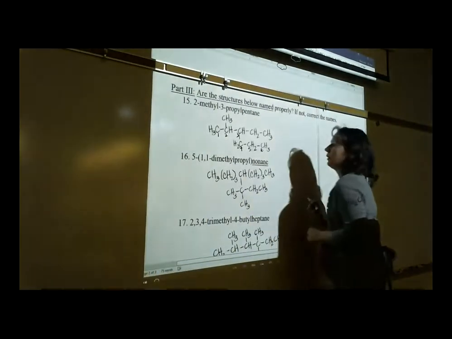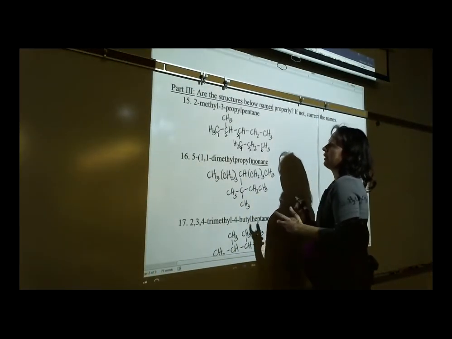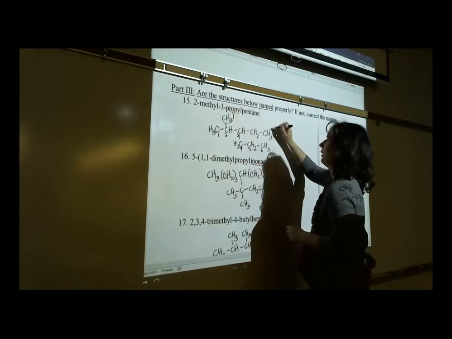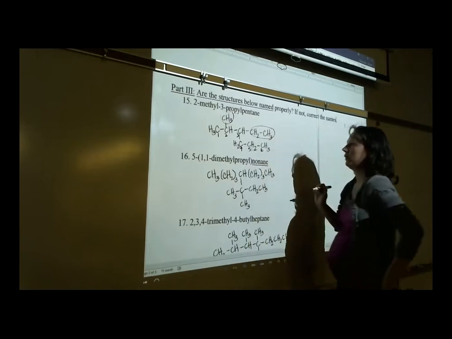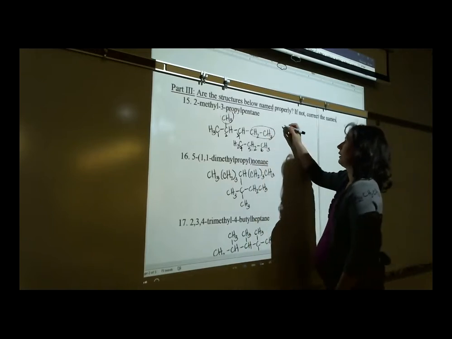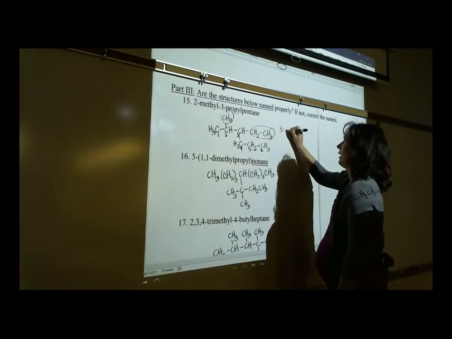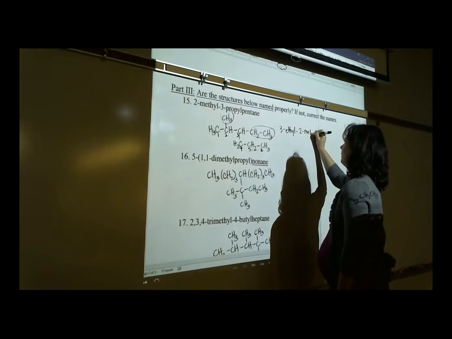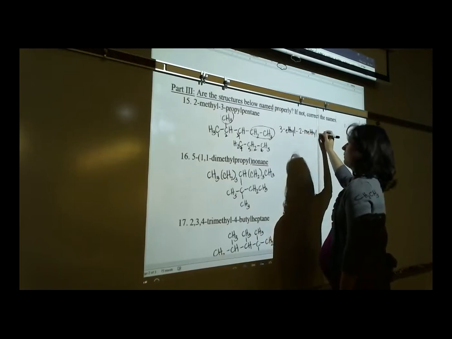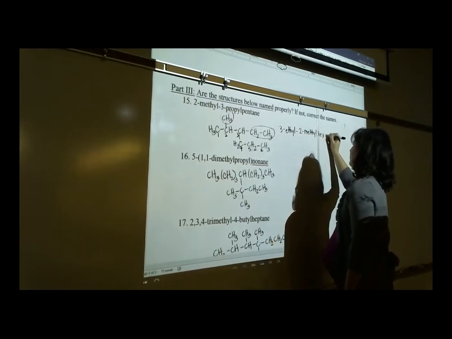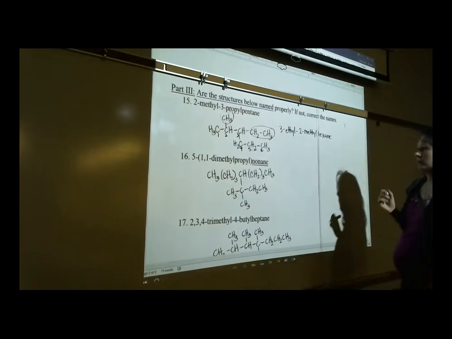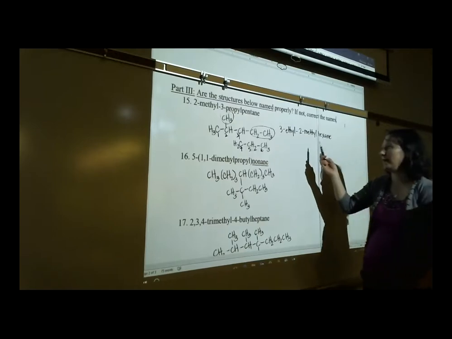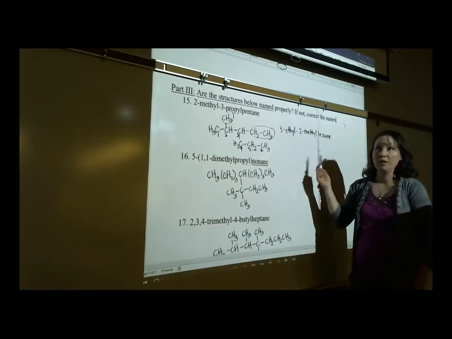All right. So now we just need to identify our substituents. That's a methyl group, and that's an ethyl group. Right, so the correct name is 3-ethyl 2-methyl hexane, right? So for instance, if you did this on a test, I usually count names, depending on how complicated they are, 3 to 4 points.